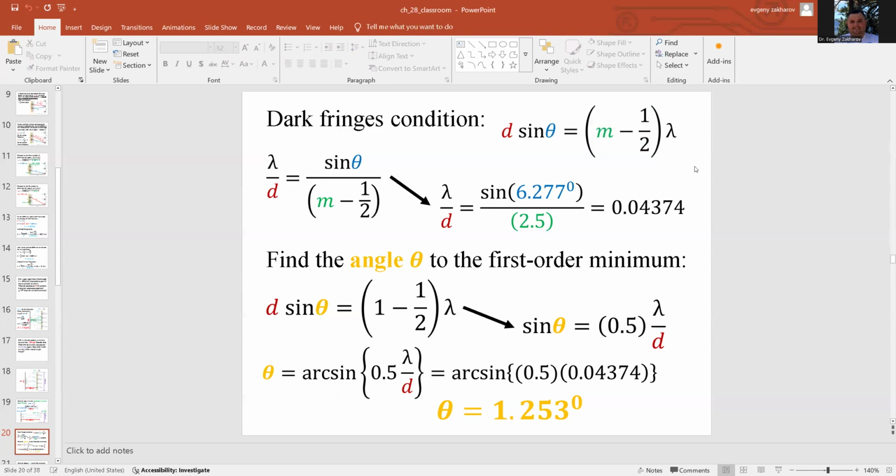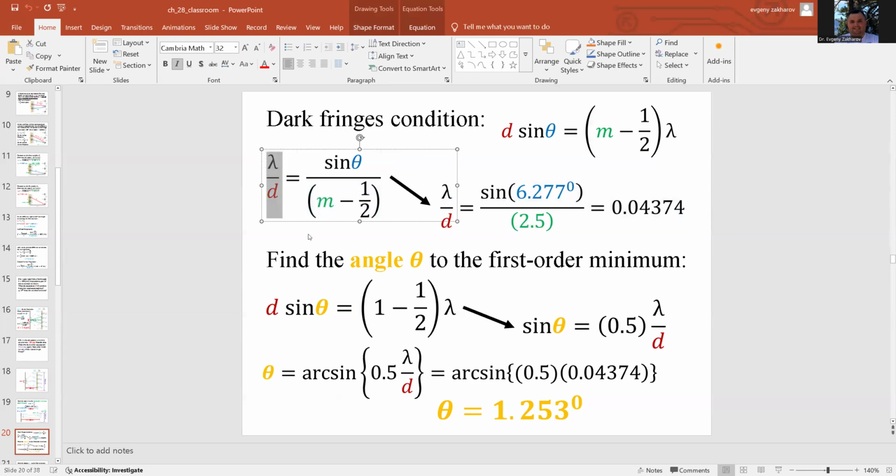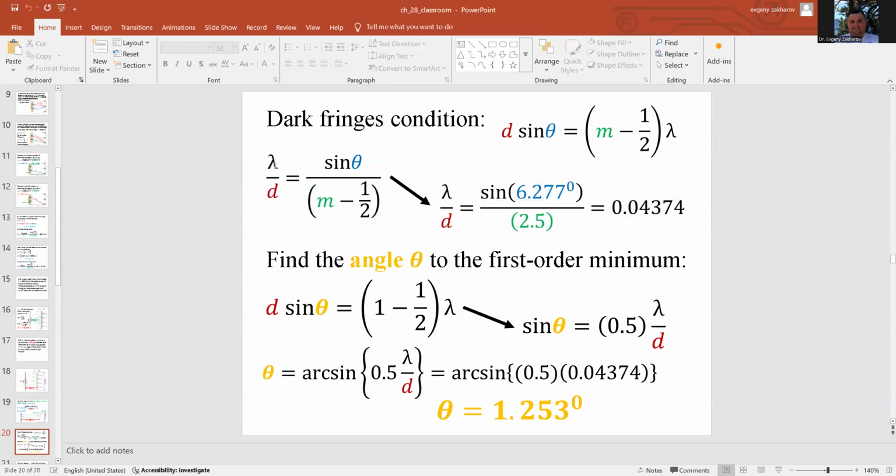So here comes the trick, which is pretty common in physics. If something's not given, you can just make it 1 and see what's going to happen. Or the other trick is that we don't really need the d by itself. You can use the ratio.